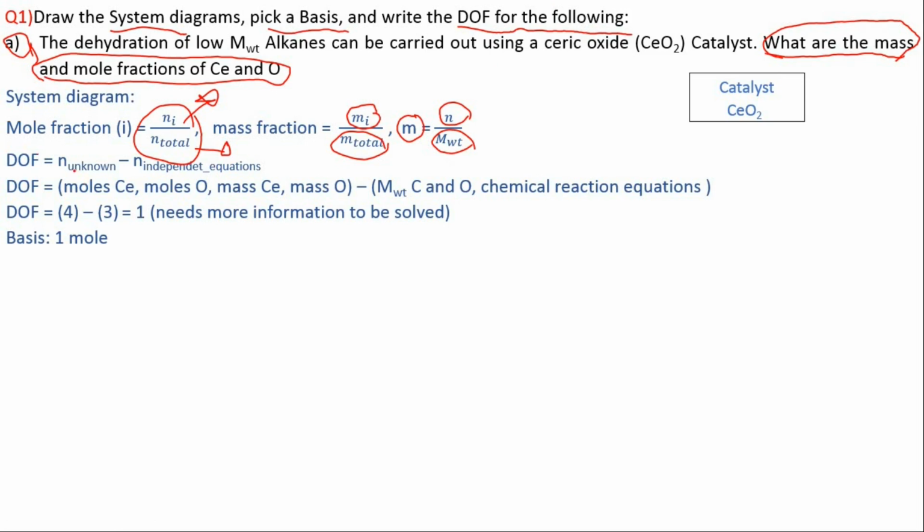So let's find out the degree of freedom. The degree of freedom is the number of unknowns minus the independent equations. Here we have 4 unknowns. We don't know the molar mass for each component, the cerium and the oxygen, and we don't know the mass for the cerium, also the oxygen. However, from general chemistry, we can find out the molecular weight from the periodic table.